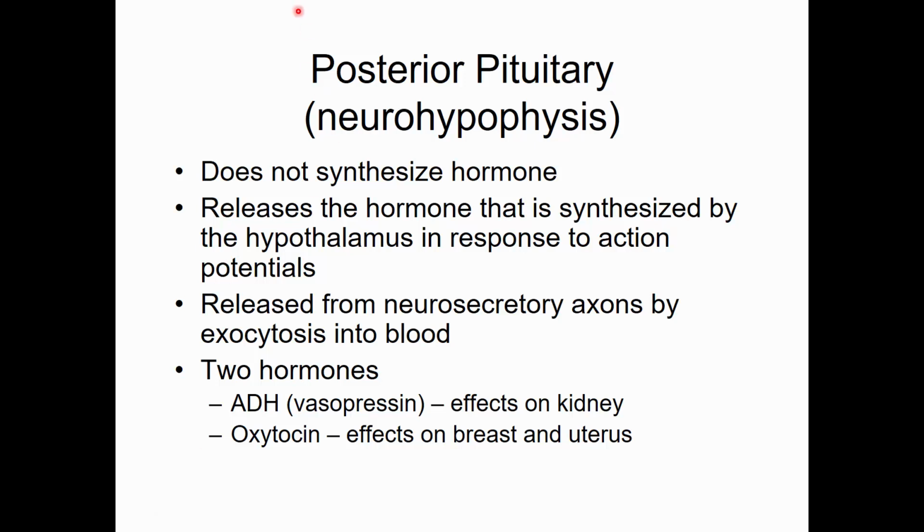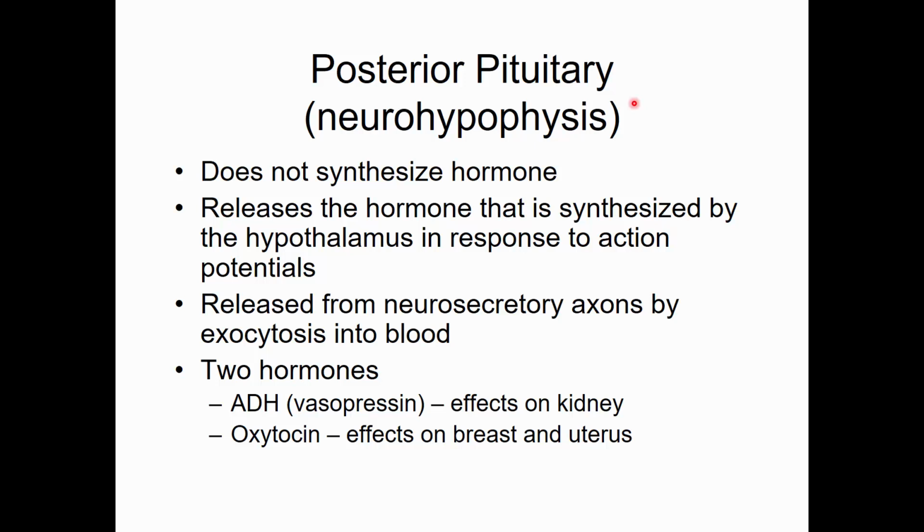Now let's talk about the posterior pituitary first. The posterior pituitary is an extension of the brain, and therefore the old-fashioned name is the neurohypophysis. It doesn't actually make anything. It doesn't synthesize hormone. It's merely the release site from the hypothalamus. So there's a cell body of a neuron in the hypothalamus.